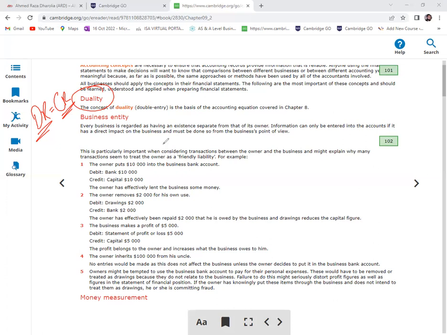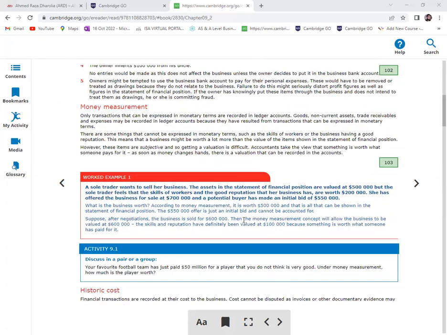The third accounting concept is very easy. This is called the money measurement concept. Money measurement concept means that we will take only those transactions which involve cash or bank, that is, which we can measure in the form of money.